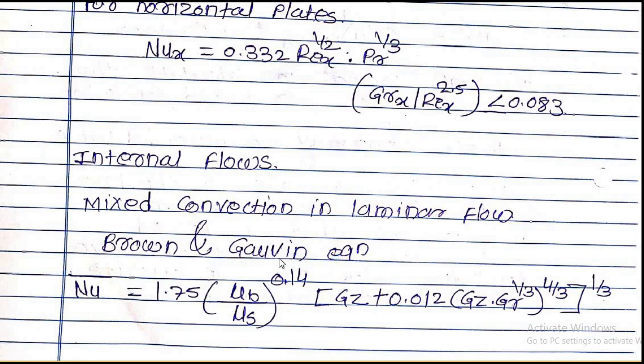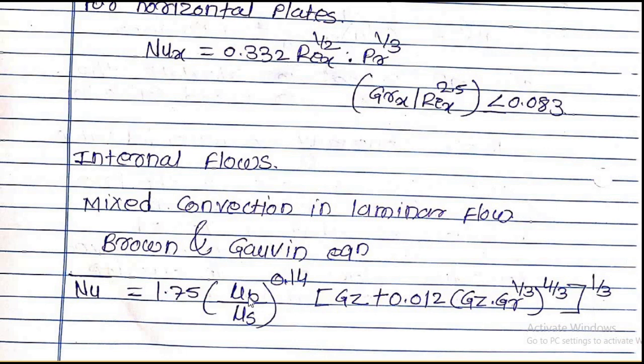According to it, the average Nusselt number is equal to 1.75 (mu_b/mu_s)^0.14 [Gz + 0.012 (Gz Gr^(1/3))^(4/3)]^(1/3).